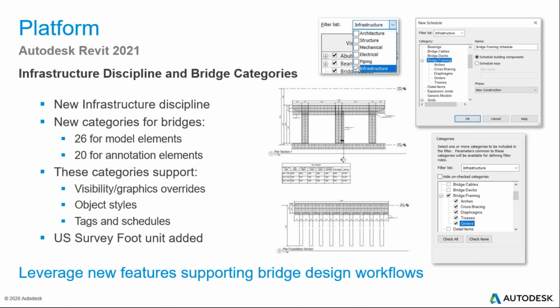A new category filter for the infrastructure discipline has been added. Bridge model categories and subcategories and bridge annotation categories have also been added to help manage and display bridge related elements. These categories have been designed to support the InfraWorks to Revit workflow. So creating new Revit model families based on these categories today is currently not supported.